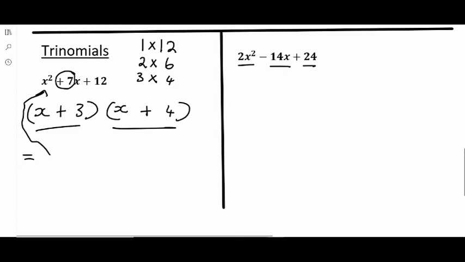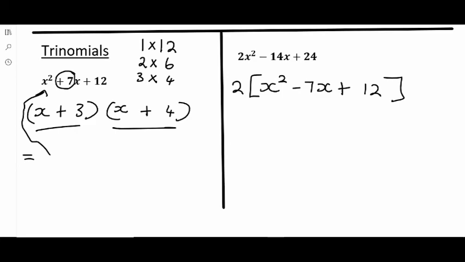Yes, there is. The common factor would be 2. So I'm going to go ahead and use a big set of brackets. I'm going to pull out a factor of 2 and say that I'm left with x squared minus 7x plus 12.